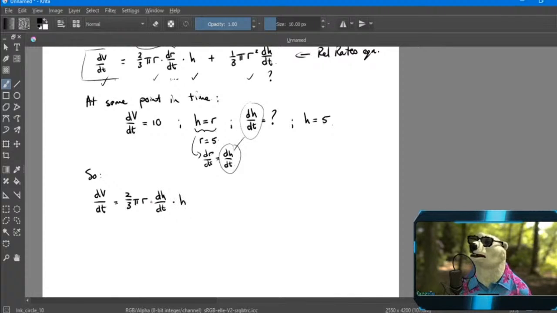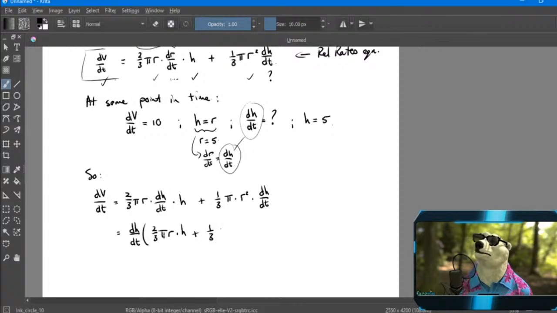And then I have an h. Then plus 1/3 pi r squared. I'm going to have a number for that. And dh/dt is still my unknown. So now that means I want to factor out the dh/dt so that I have 2/3 pi r h plus 1/3 pi r squared equals dV/dt. So then I have to solve for dh/dt because that's my unknown.